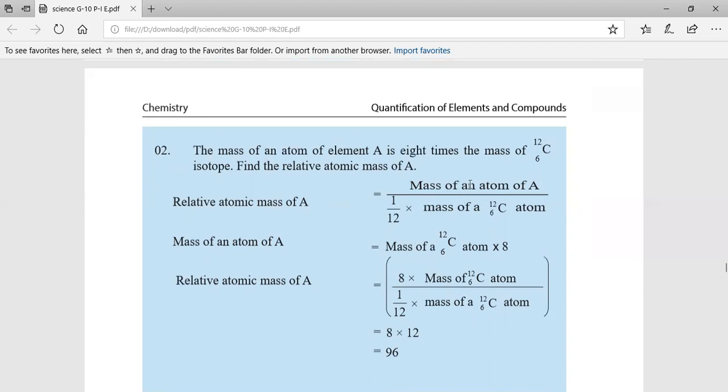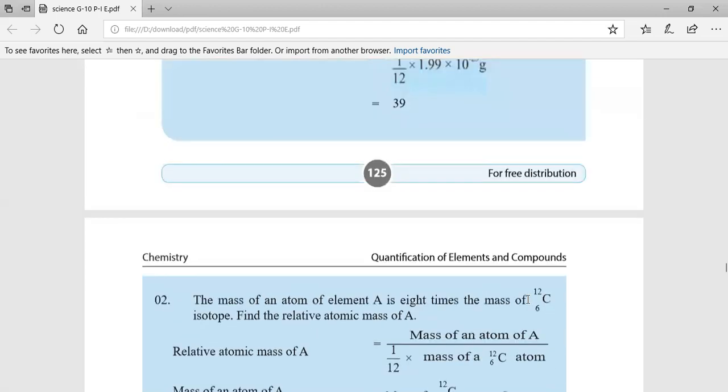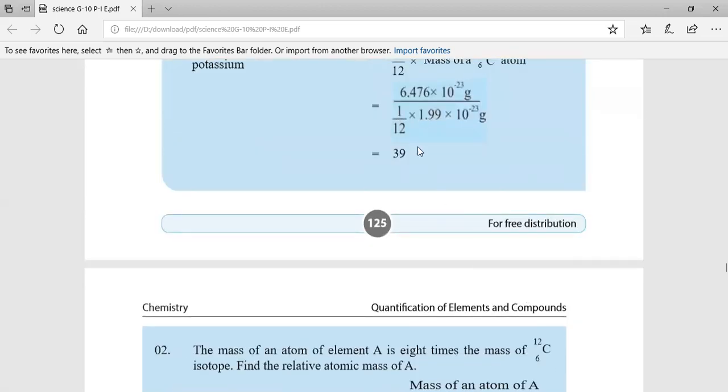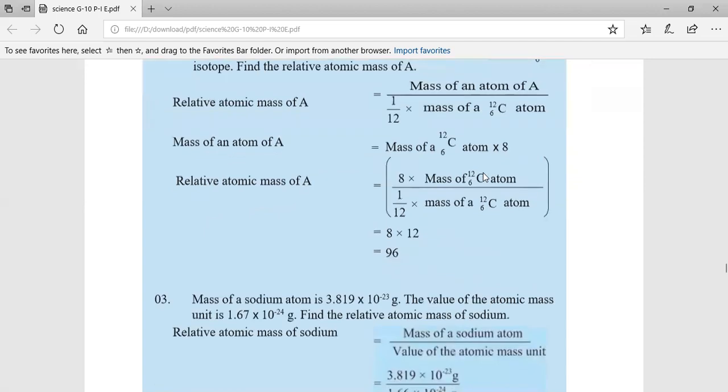We don't know the true mass of element A. Here we know this part, 1/12, and this is 1.99 × 10^-23.